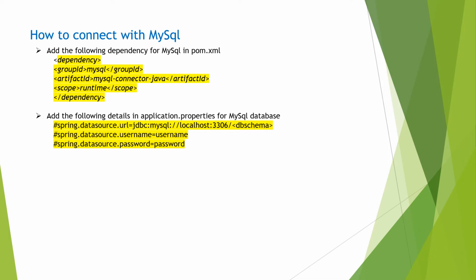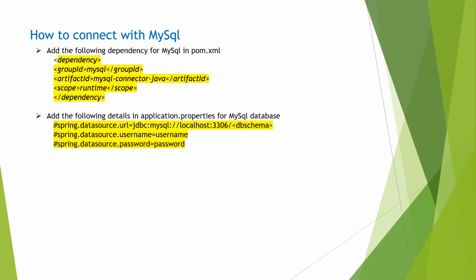Now let's think: we have provided the embedded database dependency as well as the MySQL dependency. If we provide the configuration in our application.properties, Spring Boot will try to connect through MySQL.